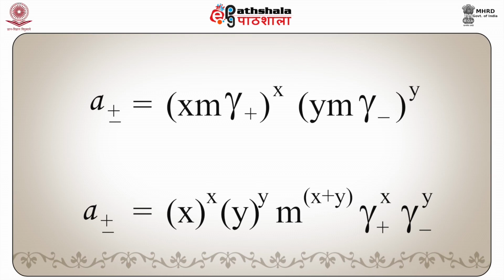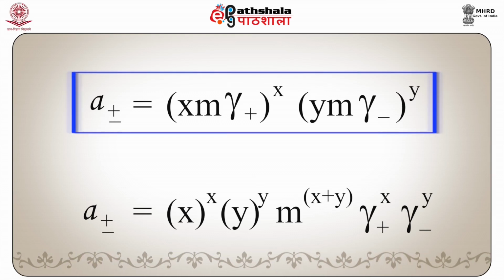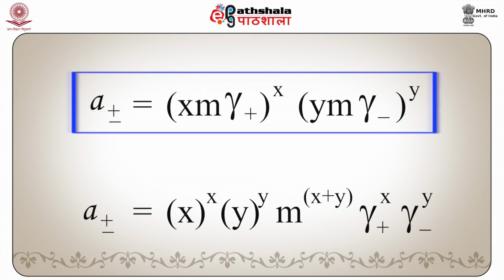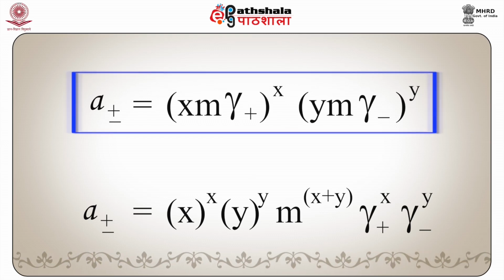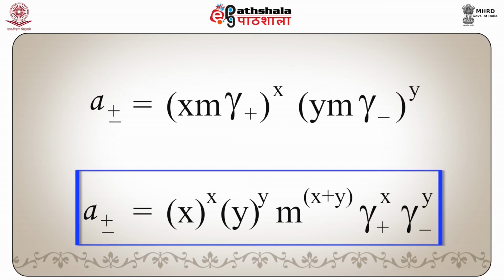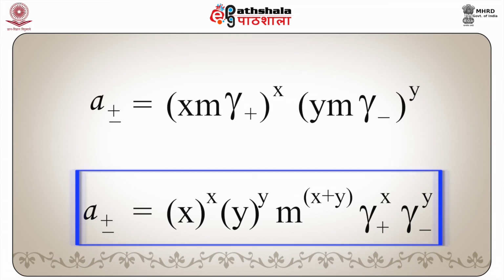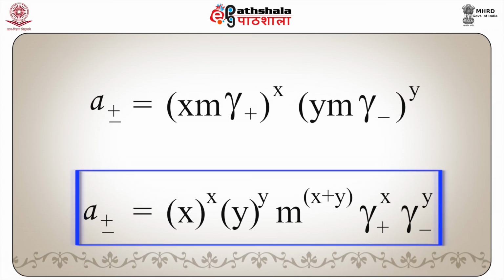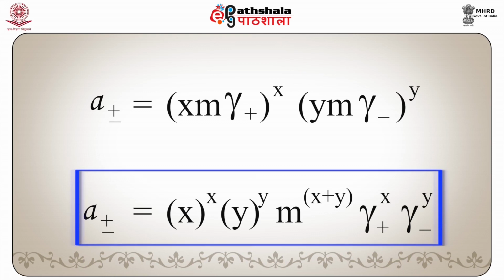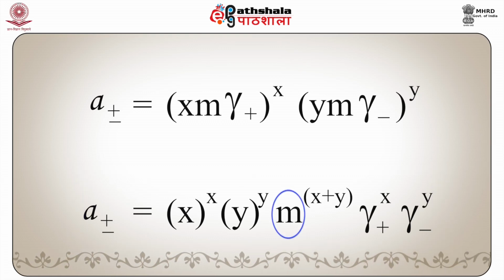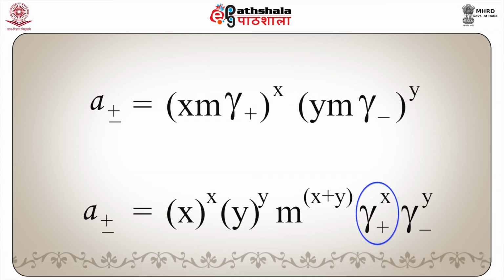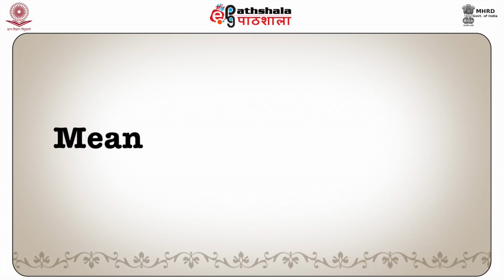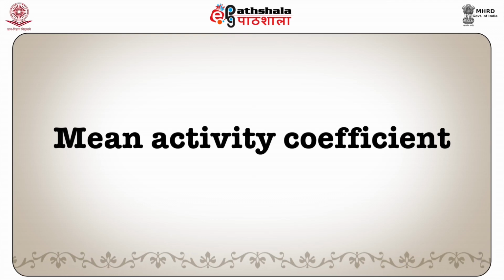Substituting this in equation 4, we get A± is equal to (x times M times gamma+) whole raised to power x into (y times M times gamma-) whole raised to power y, which can further be written as A± is equal to x raised to power x into y raised to power y into M raised to power x plus y into gamma+ raised to power x into gamma- raised to power y, where M is the molality, gamma+ is the activity coefficient for the positive ion, and gamma- is the activity coefficient for the negative ion.